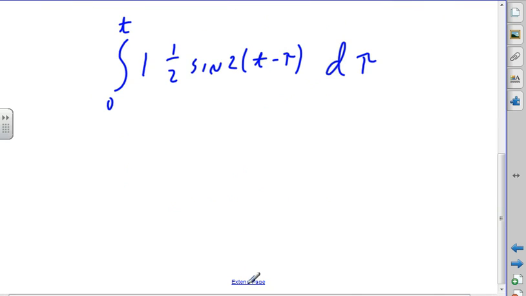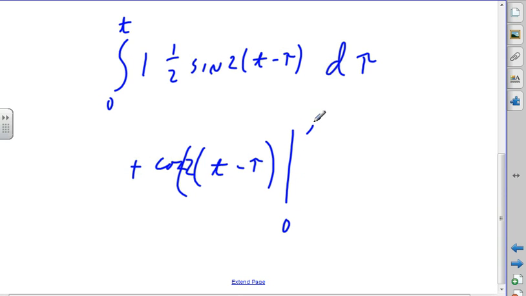All right, well, that'd be minus the cosine of 2t tau minus tau. Or is it positive? I think it's positive.